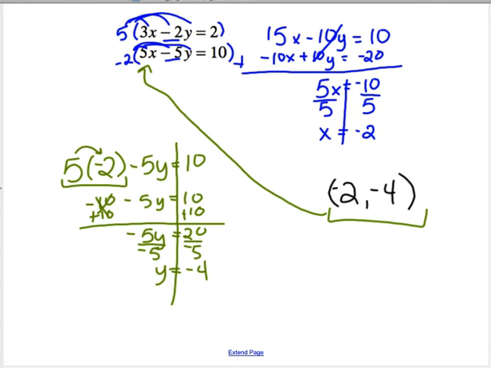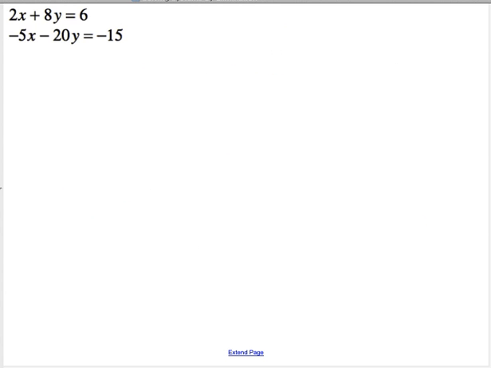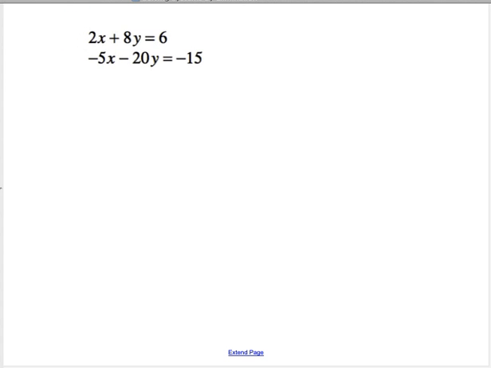And again, if you need to check, you should always check by plugging your solution back into both equations because it must work for both equations. Same thing here. I need to pick which variable I want to eliminate.